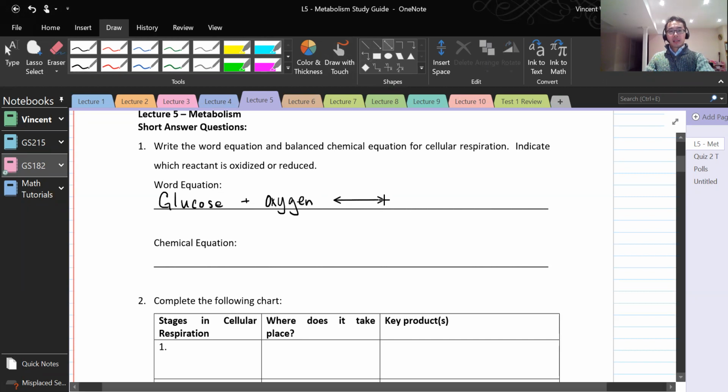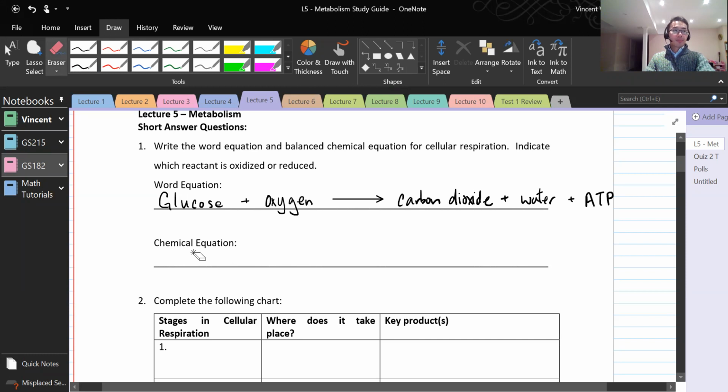And after a bunch of reactions, many mini steps, we are going to end up producing carbon dioxide and water. Of course, we will get some energy in the form of ATP as well.